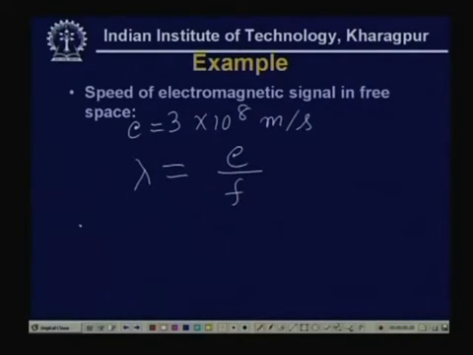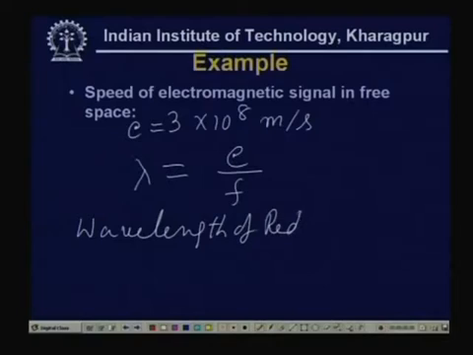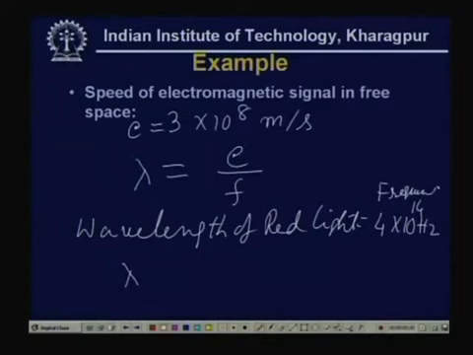For example, the frequency of red light is 4 into 10 to the power 14 hertz. What is the wavelength of red light?